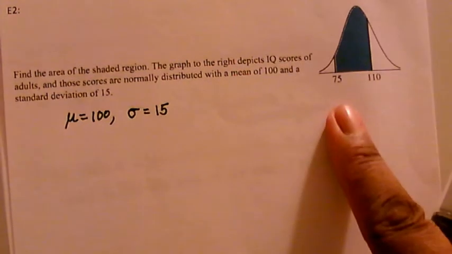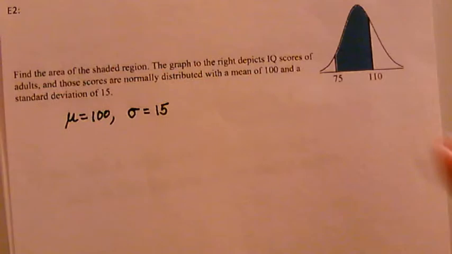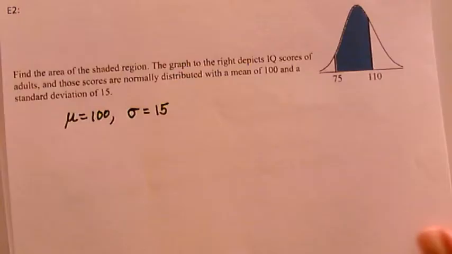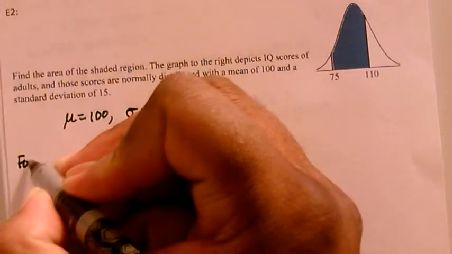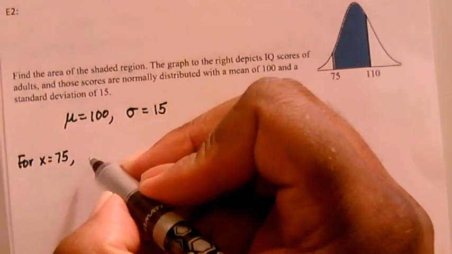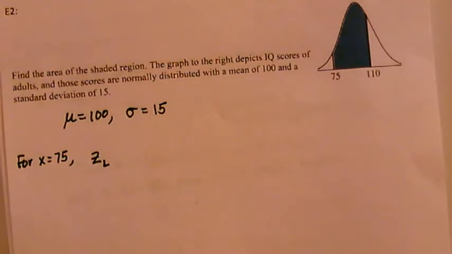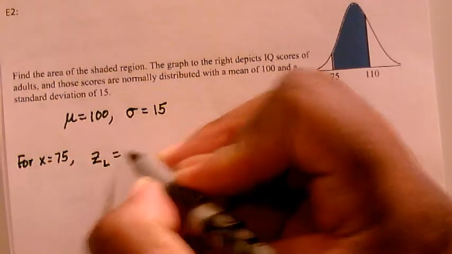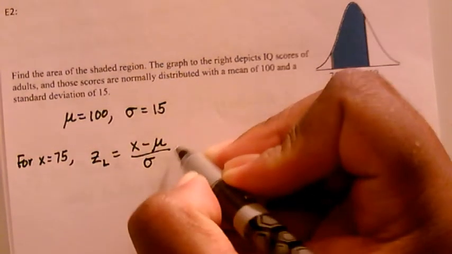Now we got two scores. One is 75 and the other one is 110. So I'm going to start off with x equals 75. The z-score on the left, I'm labeling this as z sub l. That's the z-score on the left. Of course, we use x minus mu divided by sigma.